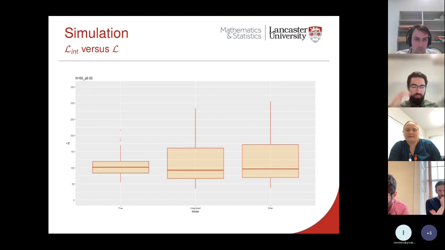And I have to say, we were quite disappointed because we went to all the effort of trying to correct our integrated likelihood, and essentially it hasn't really helped. We may as well just assume the two data sets are independent and multiply those likelihoods.